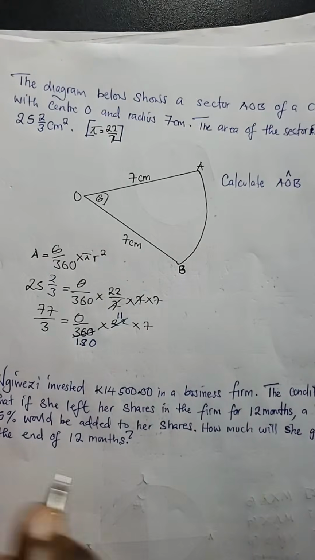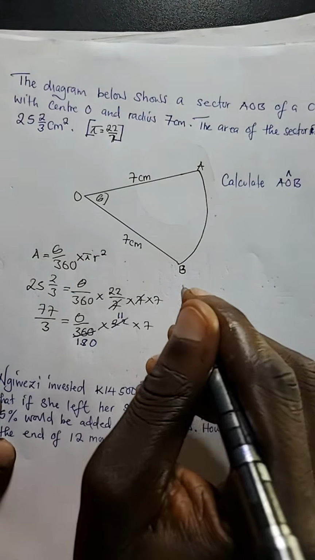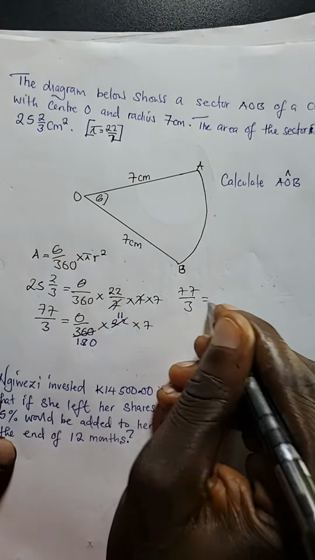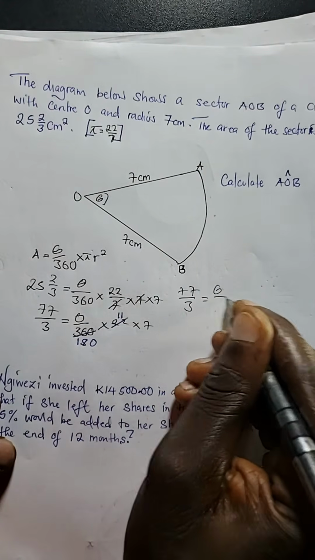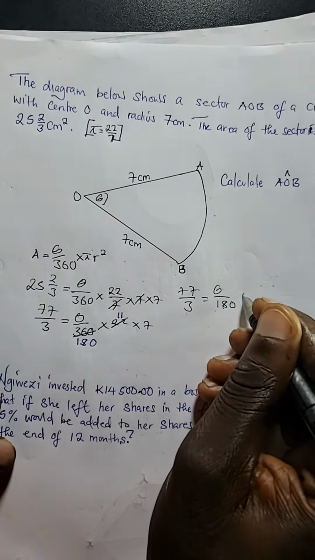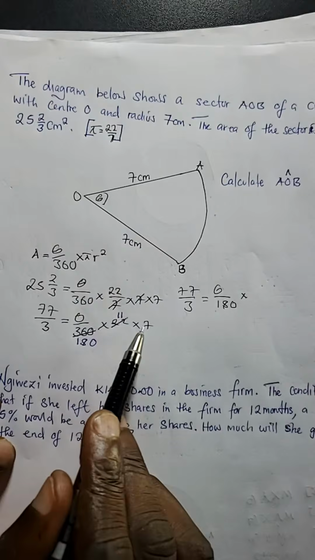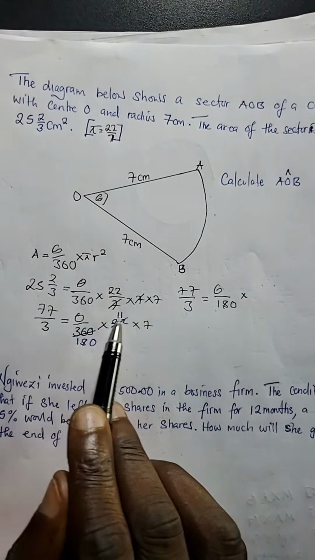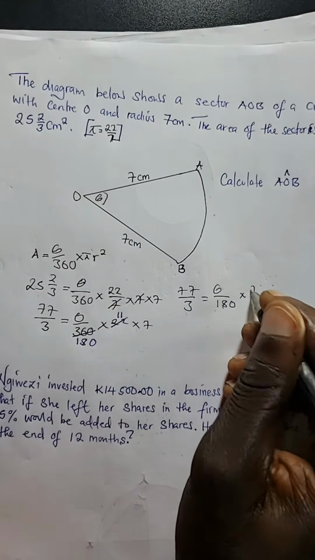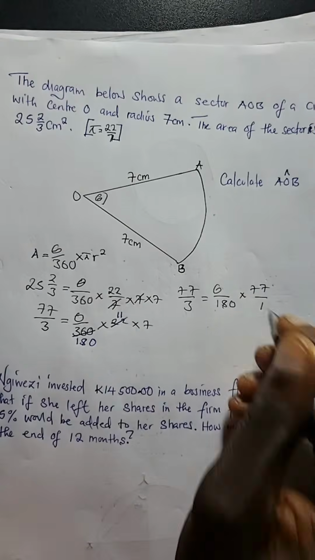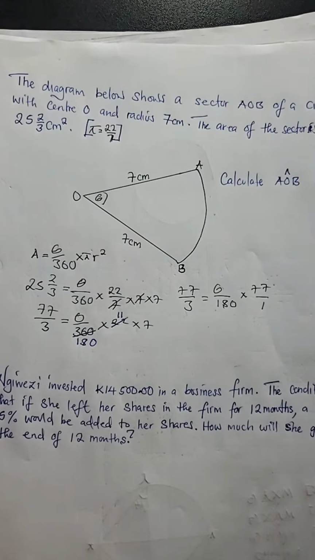I will show you everything. Don't worry. So we have 77 over 3 equals the angle we are calculating over 180, multiplied by 11 times 7. Here we can multiply because 7 times 11 gives us 77. Let's put this one over 1 so that it becomes a fraction as well.